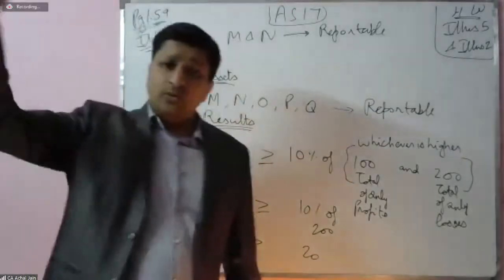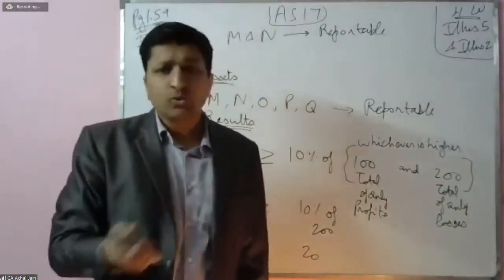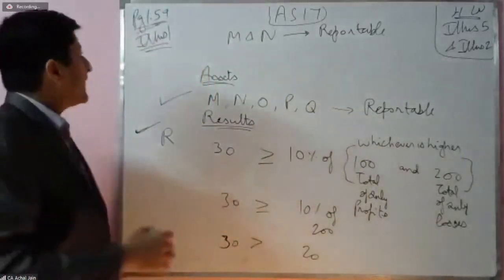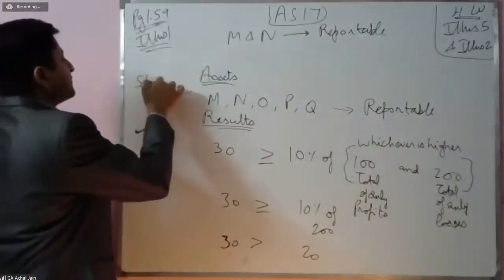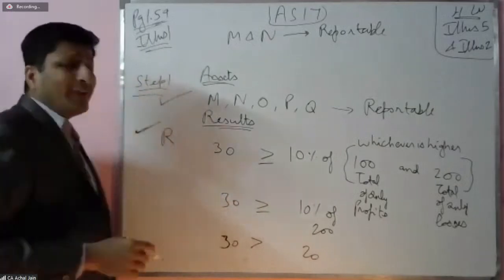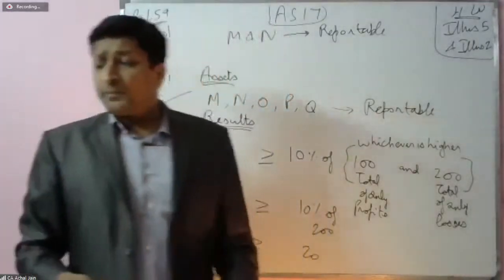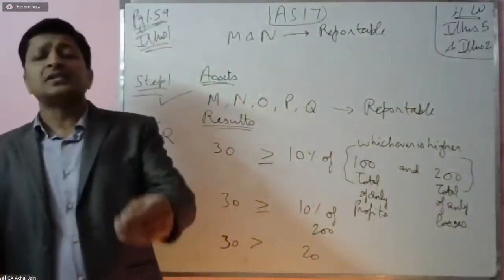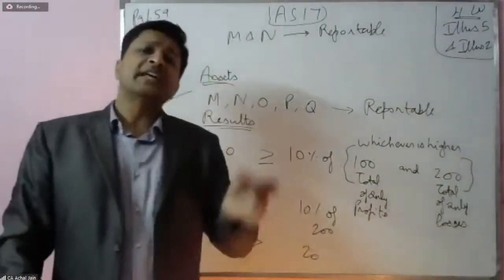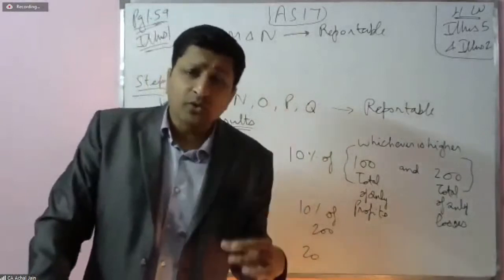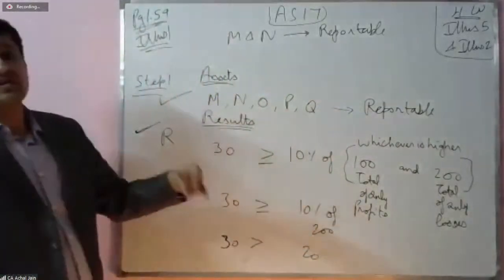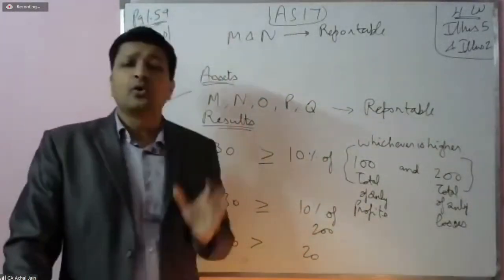Do we need to get to the third criteria? No. And please remember, this was step 1. Do we need to apply step 2? Not at all. Because nowhere in the question they are asking us to perform the test that whether the total of all the reportable segments will become 75% or not.